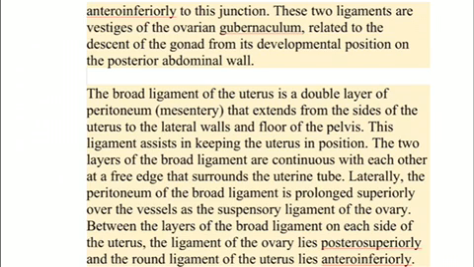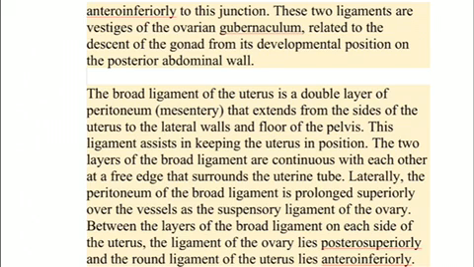The round ligament of the uterus and the ligament of the ovary are vestiges of the ovarian gubernaculum. They are derivatives from there. And you remember that the ovarian gubernaculum is related to the descent of the ovary from its developmental position on the posterior abdominal wall.